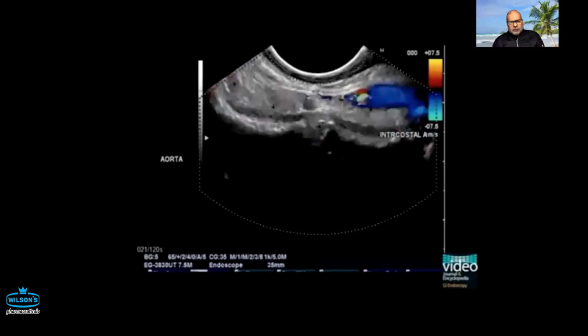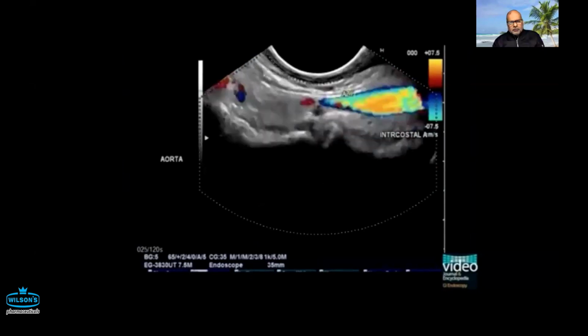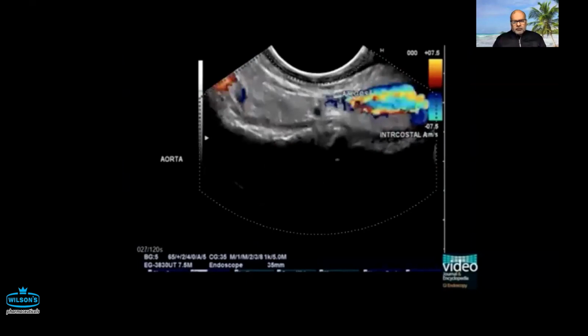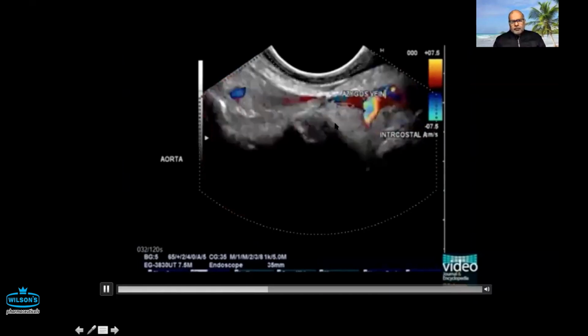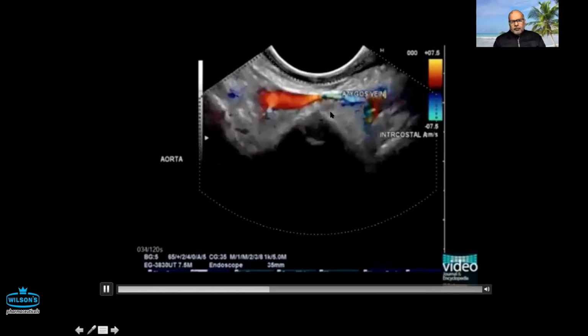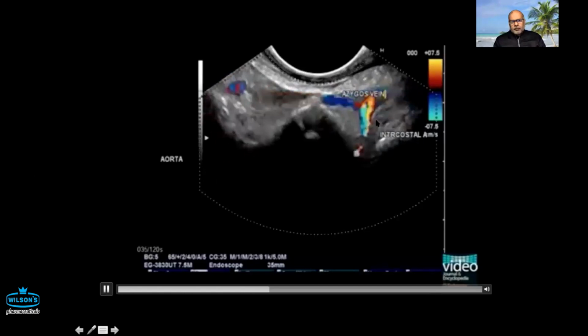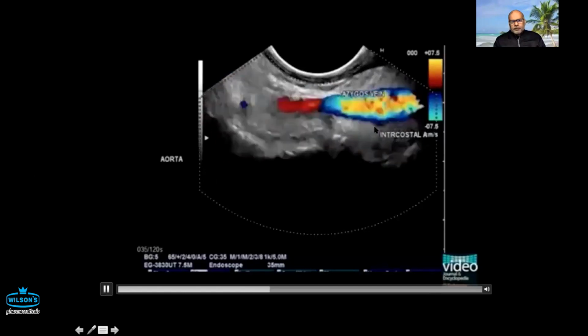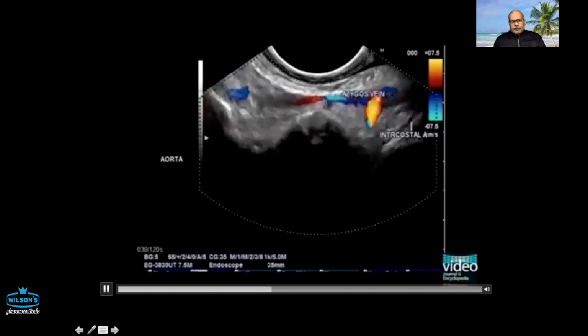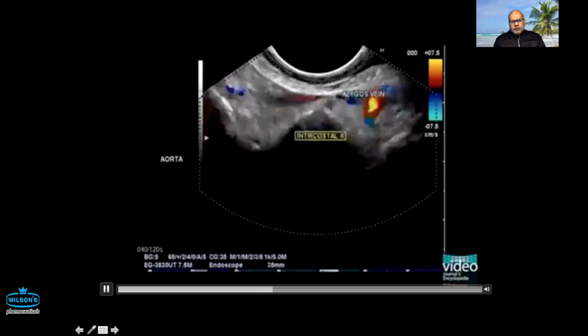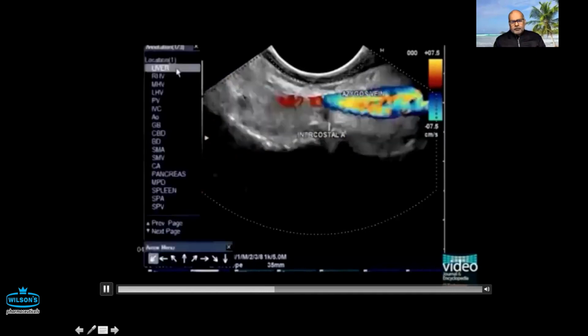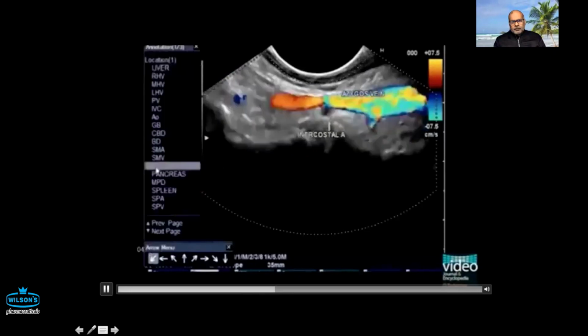Clockwise rotation shows the posterior intercostal arteries taking origin from the aorta and going behind the azygous vein. The presence of indentation due to posterior intercostal arteries along the posterior border of the azygous vein and presence of numerous intercostal veins joining the lateral border of azygous vein helps in additional characterization of the azygous vein.